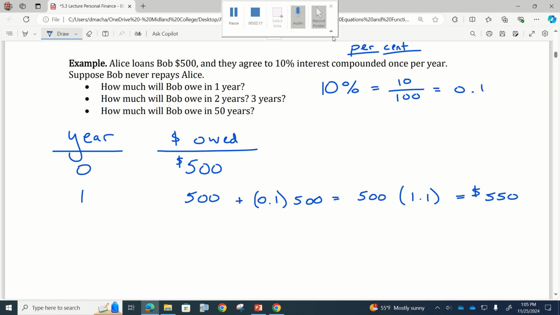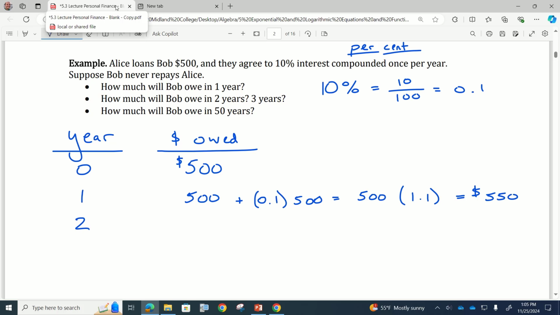Yeah, I did. Okay. In year 2, how much is Bob going to owe Alice? He's going to owe her the original $550 from year 1, right? Plus 10% of $550.